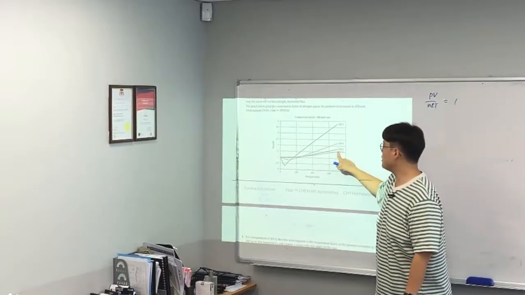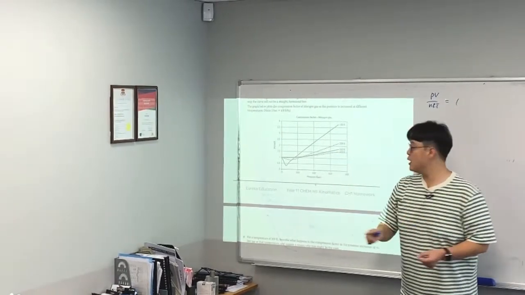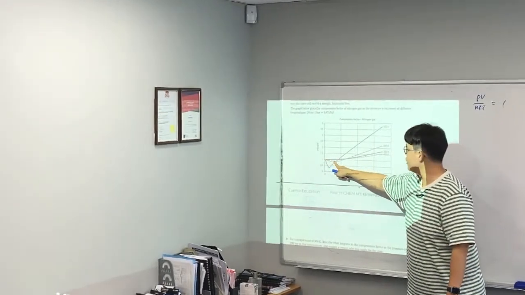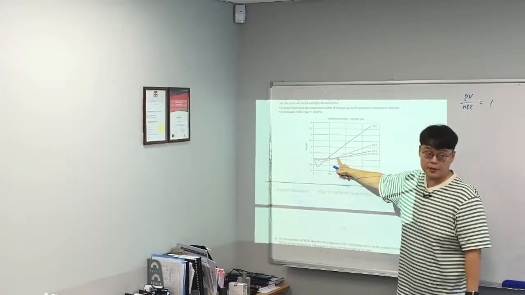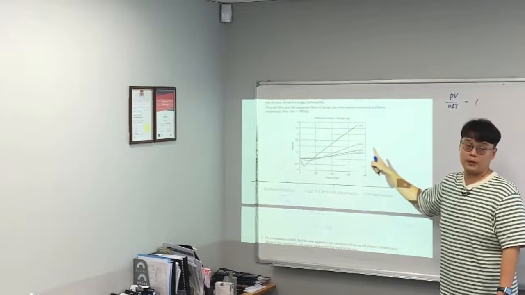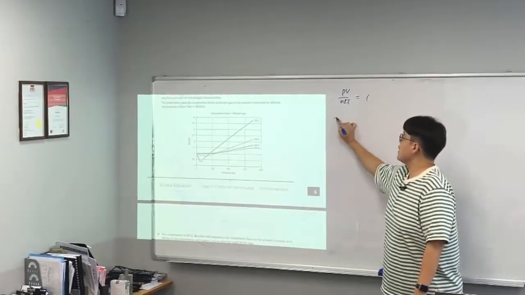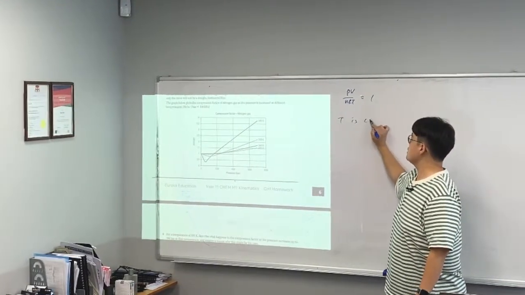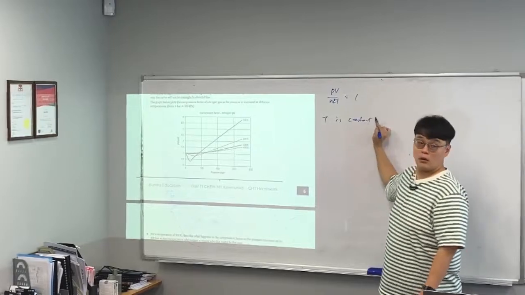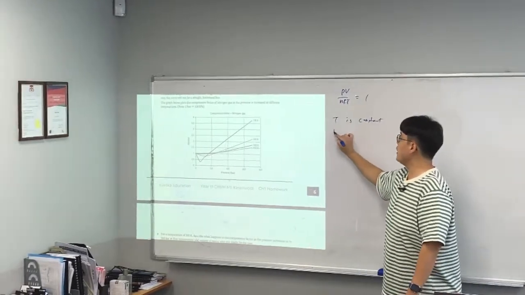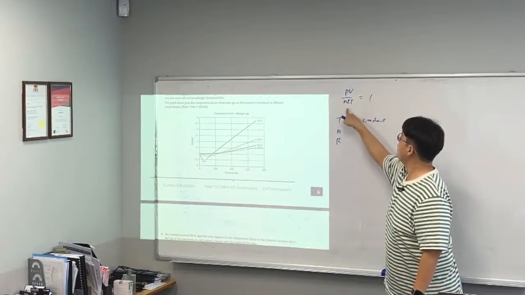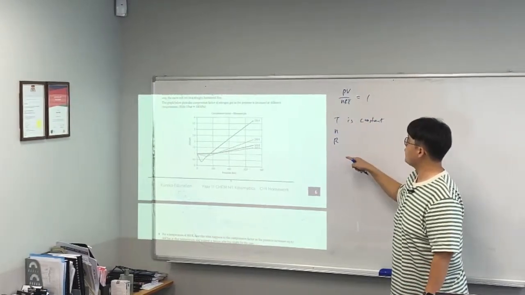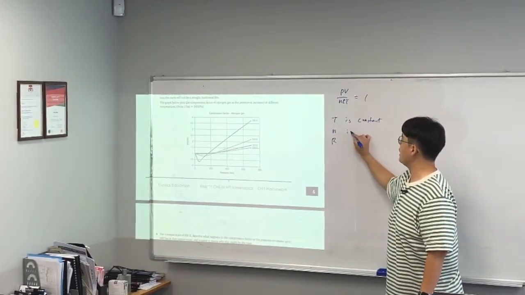For 300 Kelvin, the trend is that the ratio PV over nRT goes slightly up for the given temperature. Remember that the temperature is constant. Same for n and R. The number of moles and R can't be changed, so they are constant.